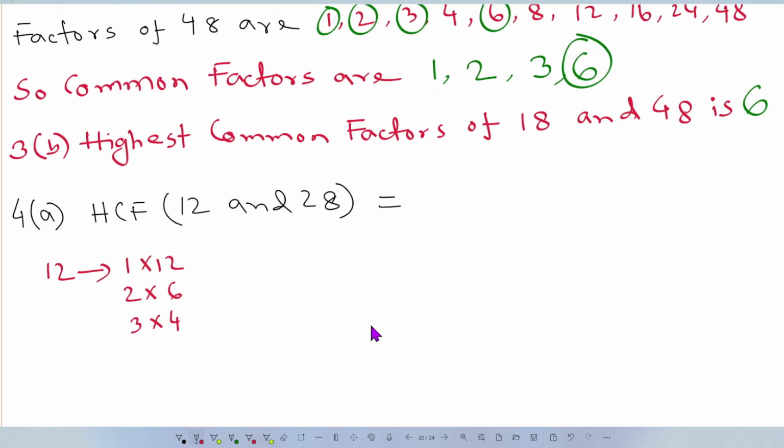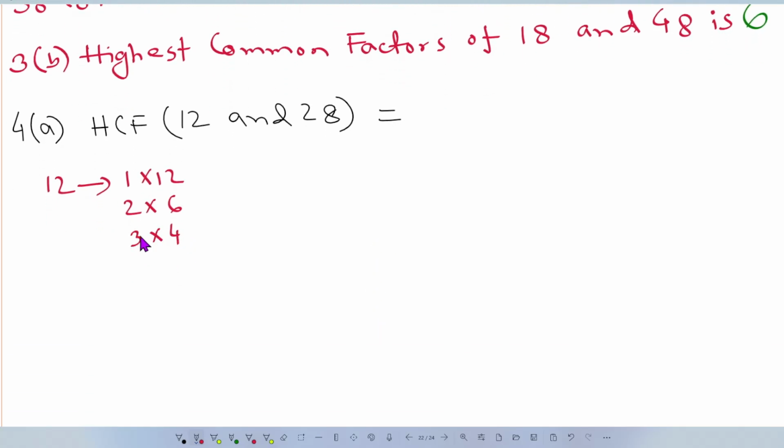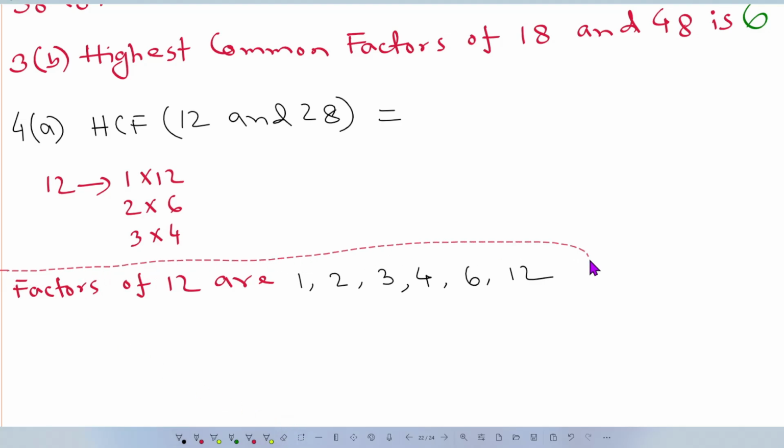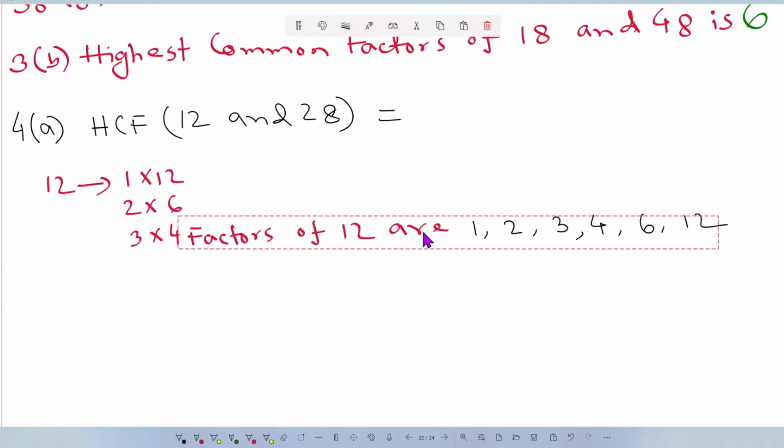Okay, so factors of 12 are 1, 2, 3, 4, 6, 12. Right? So this one we can write here.